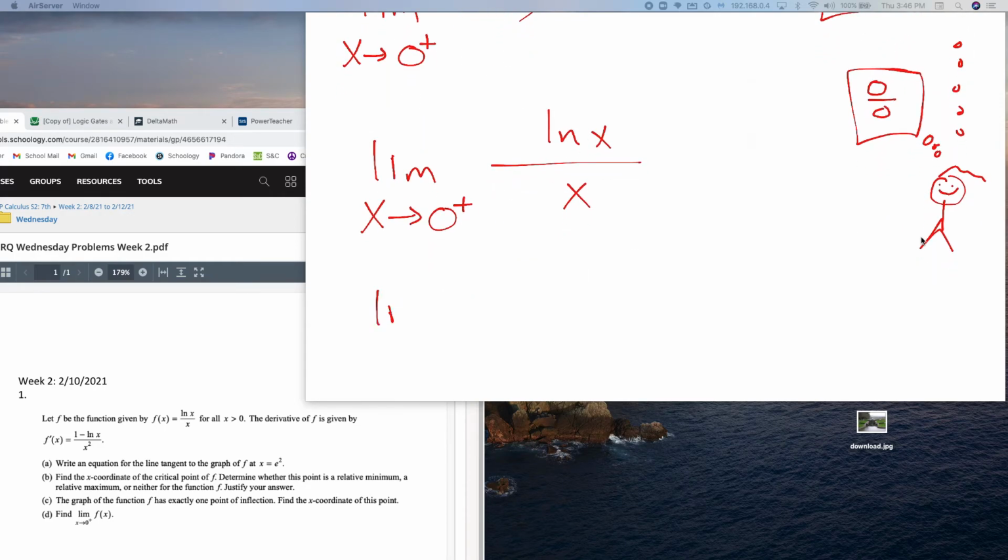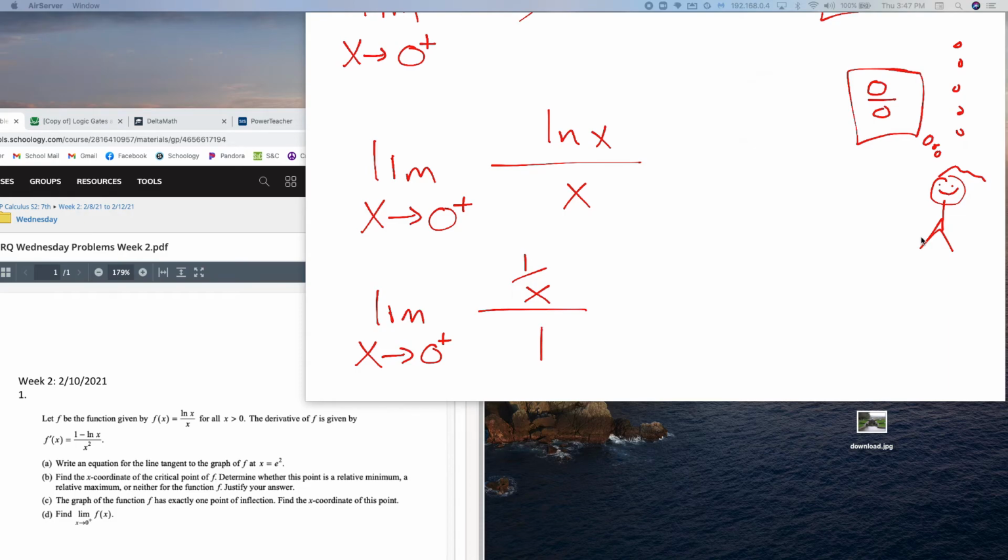Which means this is the same thing as the limit as x goes towards 0 of 1 over x divided by, sorry, not 1 over x divided by x, 1 over x divided by 1, sorry. 1 over x divided by 1.